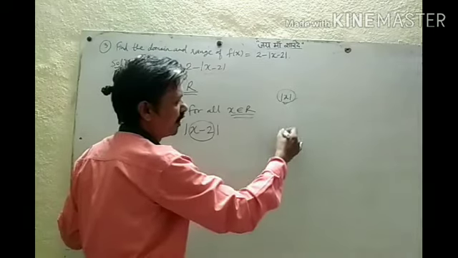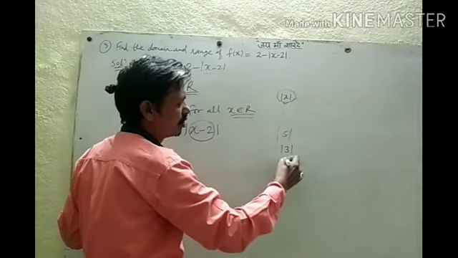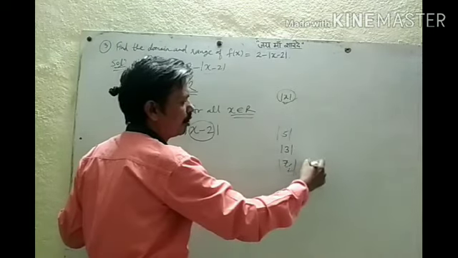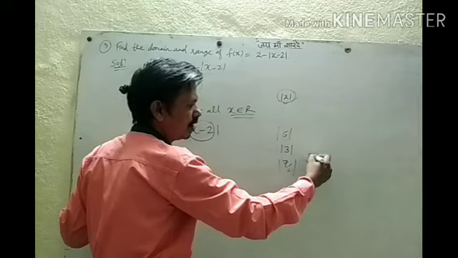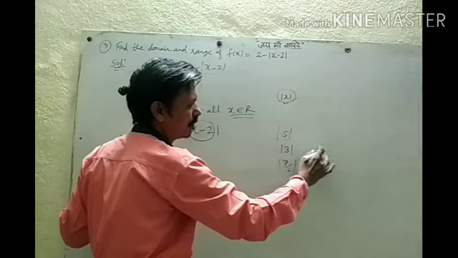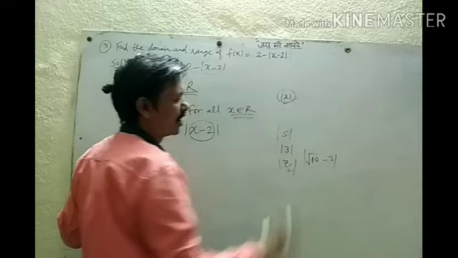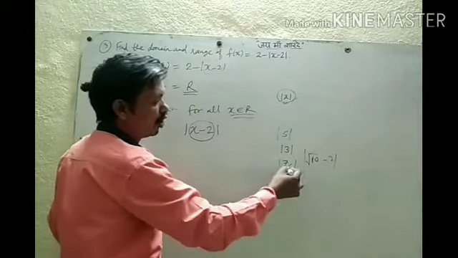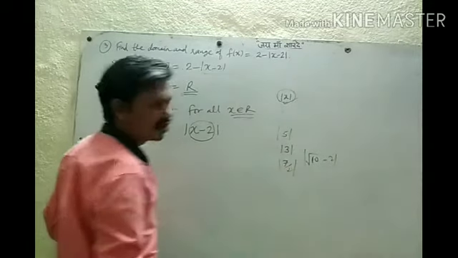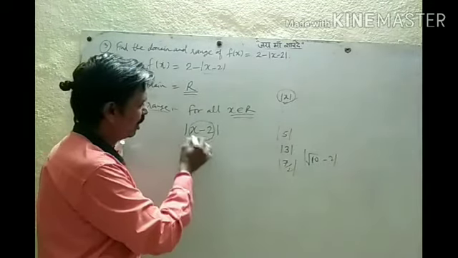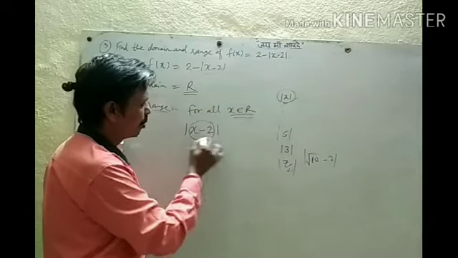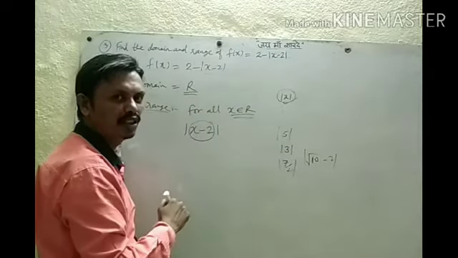Suppose you get 5, or 3, or 7 by 2, or root 10 minus 2, like this. So always their values will be positive, and if it is positive, its mod will be positive only.